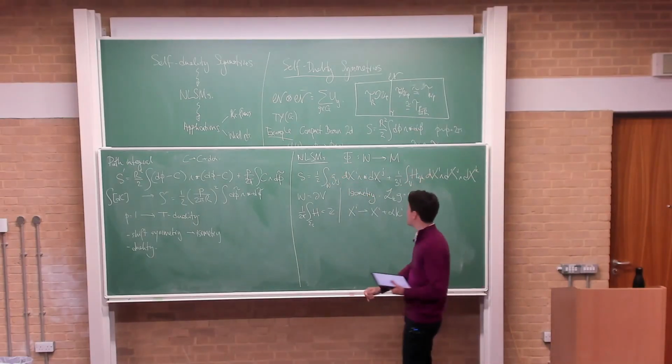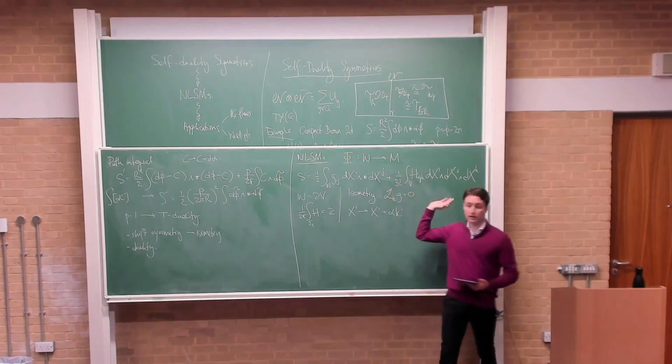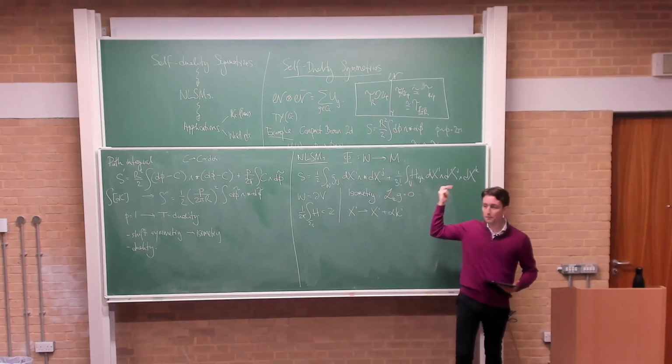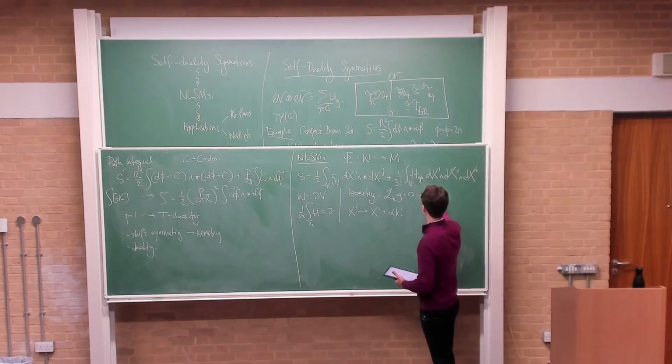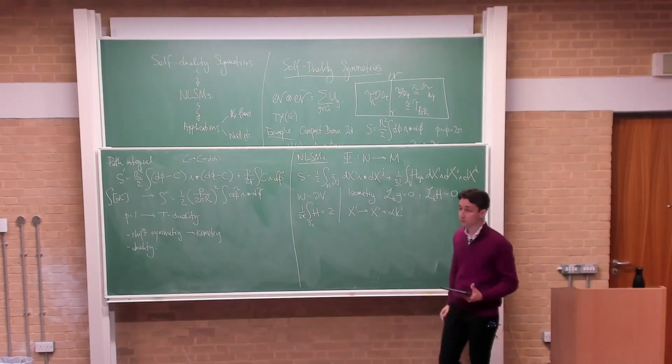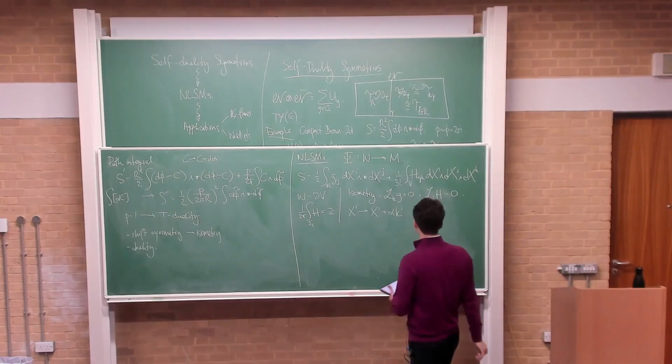And then you might ask, okay, well, if I want this to be a global symmetry of the whole thing, including the Wess-Zumino term, the B-field term, then what else should I impose? And the obvious thing to impose is that the isometry, the Killing vector, preserves H. Okay? And that's almost enough.